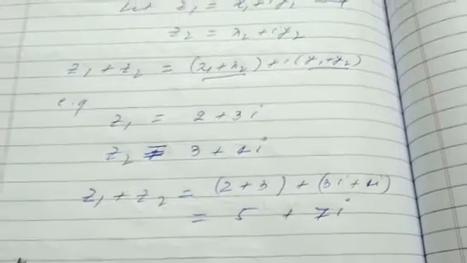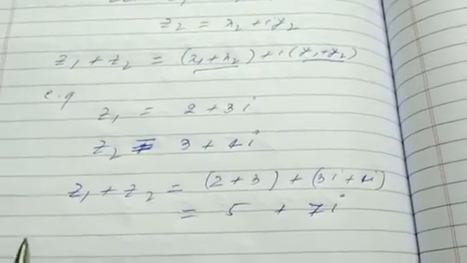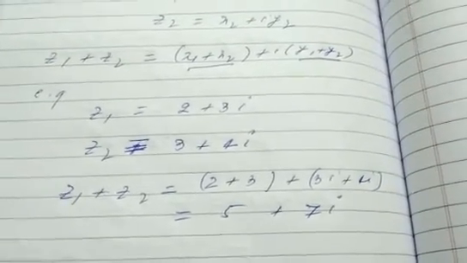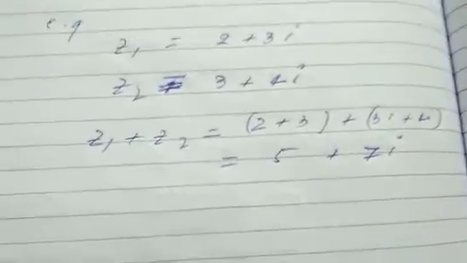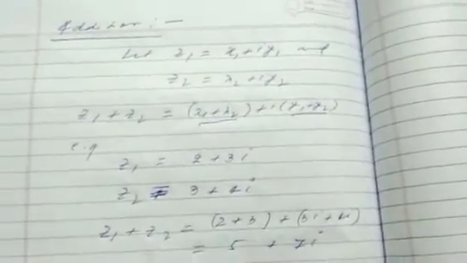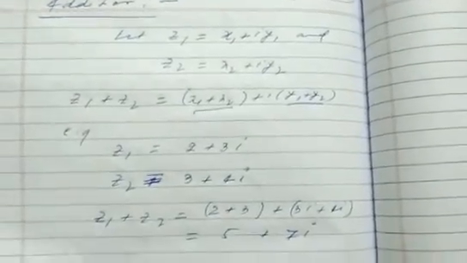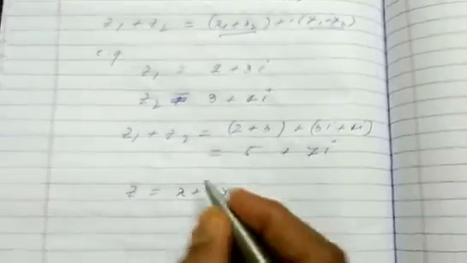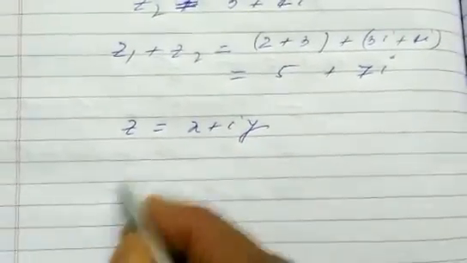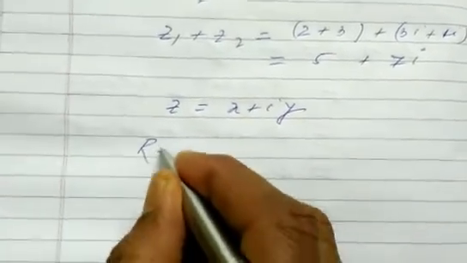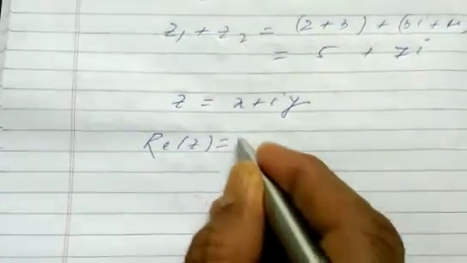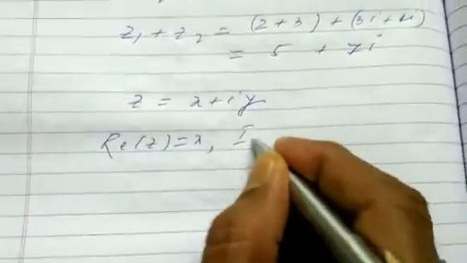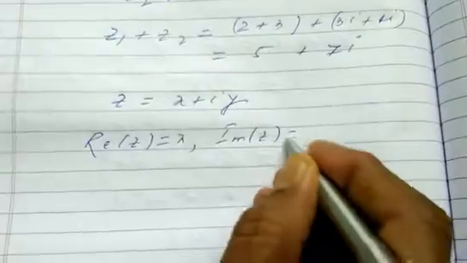Further, I'm putting a few questions based on the equality of complex numbers, the standard form of a complex number, and what the real part is and how we can denote it. Suppose a complex number is z equal to x plus iy and somebody asks how to denote the real part: Re of z will be x, and Im of z will be y.